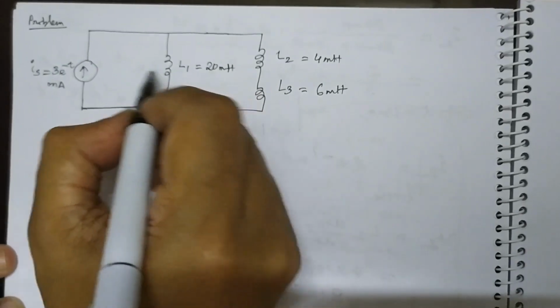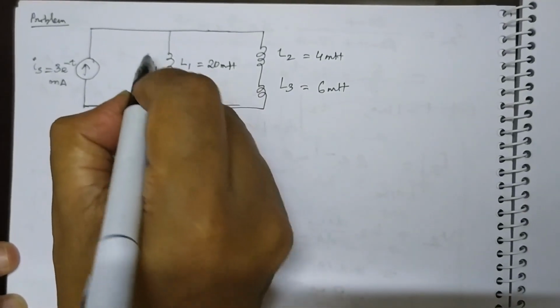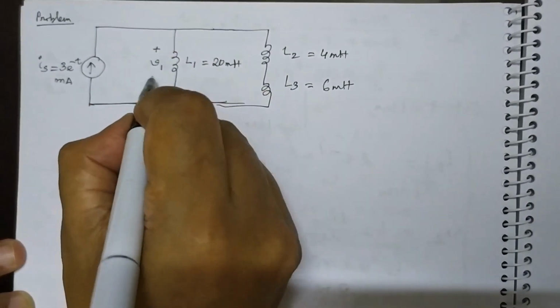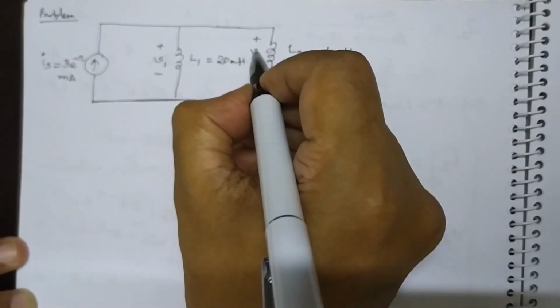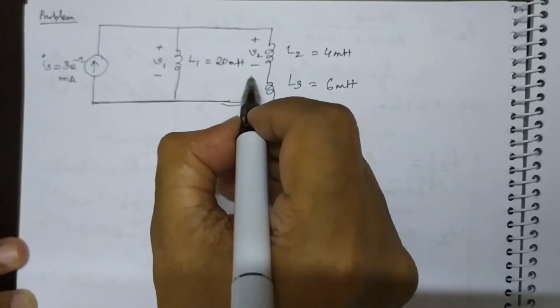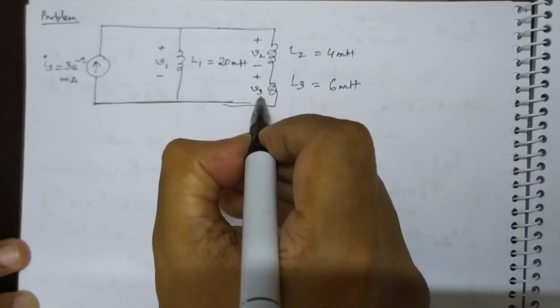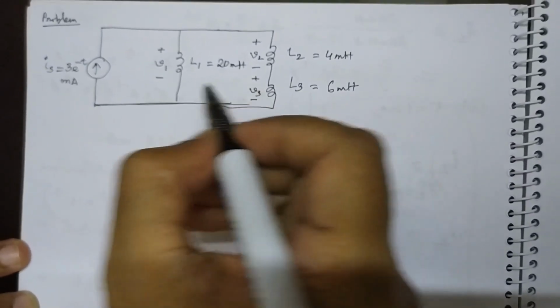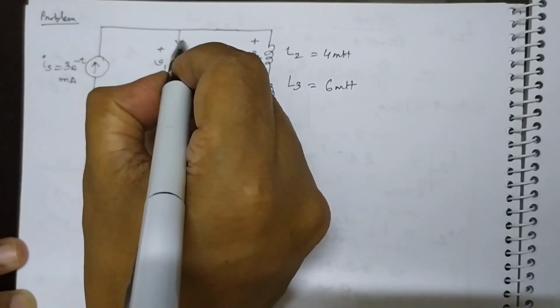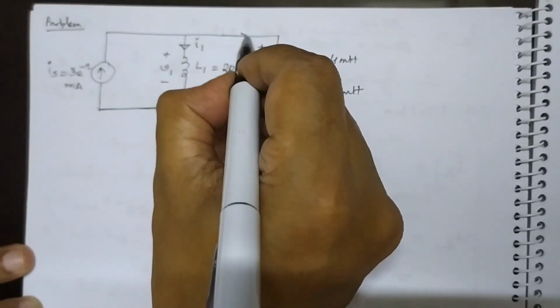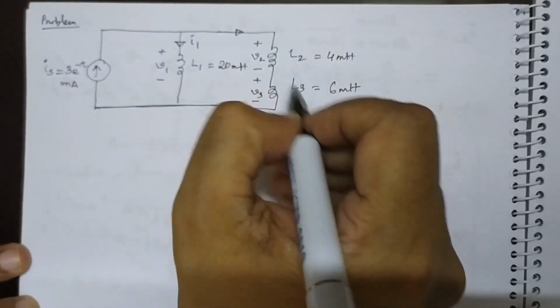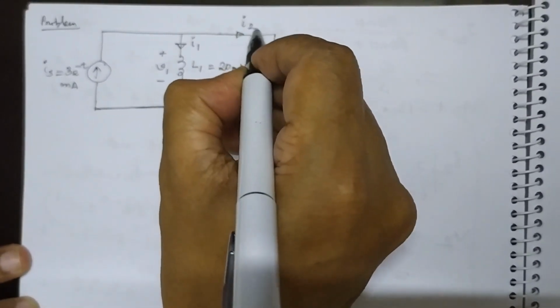Let's consider that the voltage across L1 is V1, across L2 is V2, and across L3 is V3. And the current flowing through L1 is I1 amperes, and through L2 and L3 is I2 amperes.